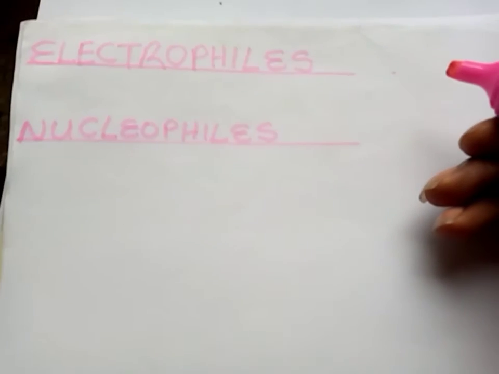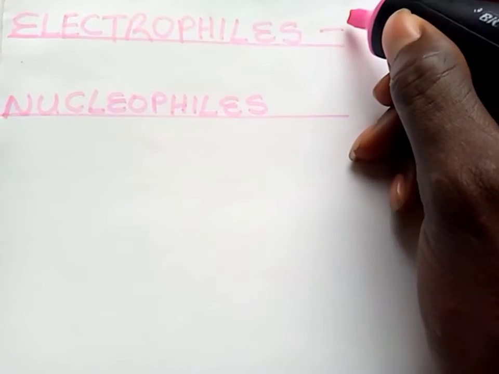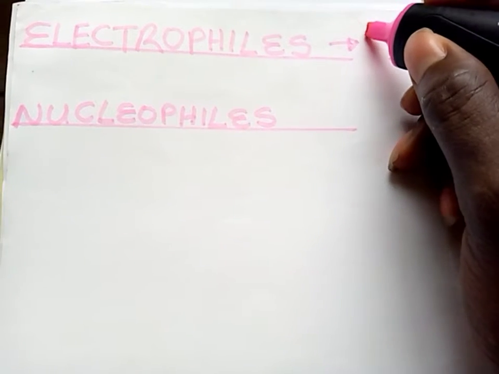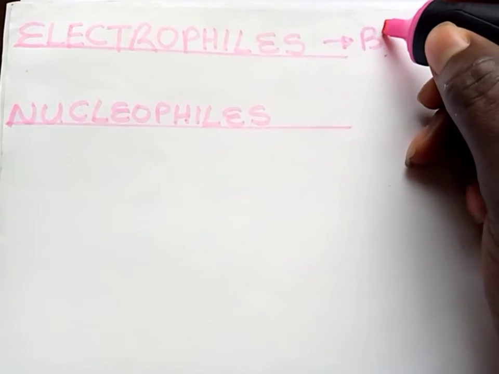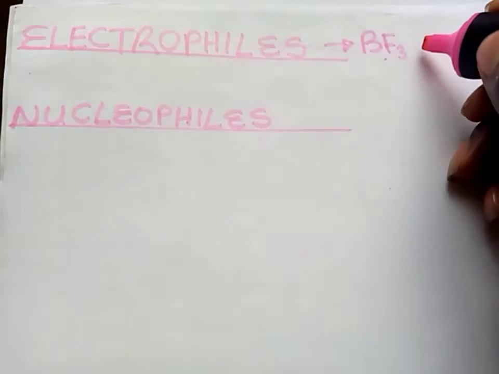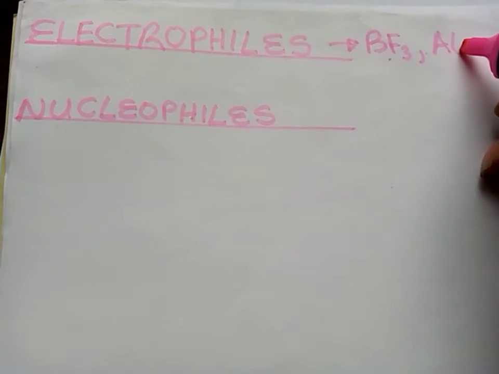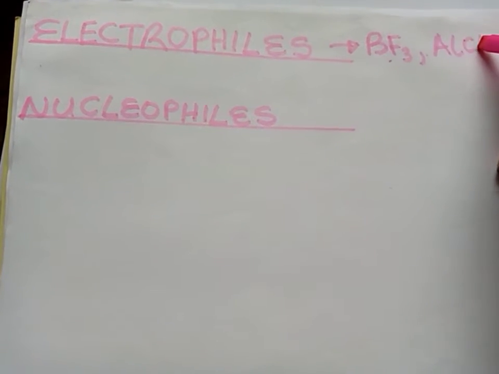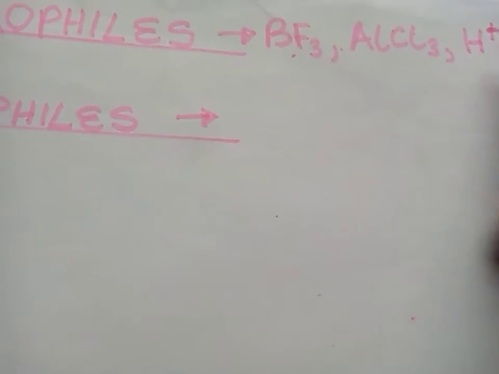So let's have a look at examples of electrophiles and examples of nucleophiles. Examples of electrophiles are boron fluoride, aluminum chloride, then our hydrogen ion.